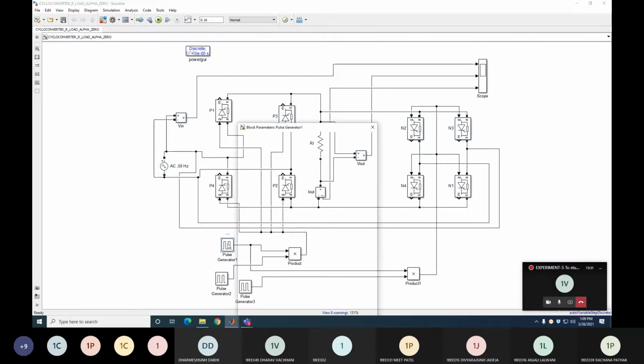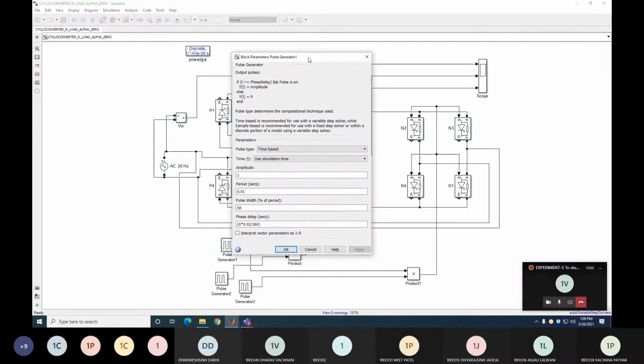In pulse generator 1, I take amplitude 1, period of 10 milliseconds, which is the period of a half cycle, and pulse width is 50%, that is 10 milliseconds, half time. I provide the gate pulse with phase delay 0 degree. You can see that here I provide the phase delay 0 degree.